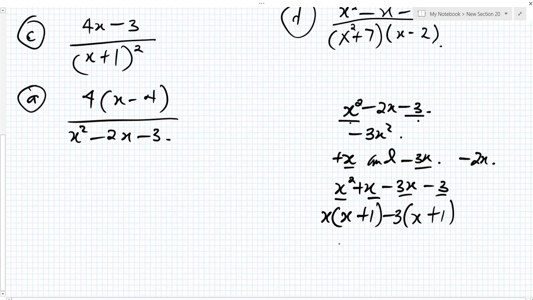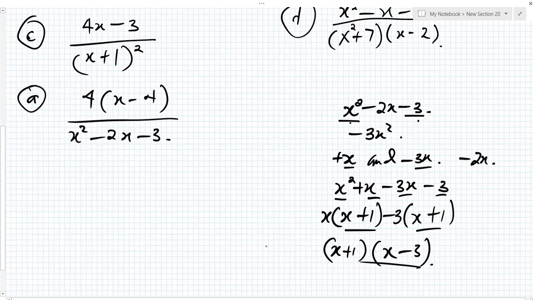So factorizing this, I have x plus 1 common to both terms, so I'll factor it out. If I divide the first term by this x plus 1, I'll have x. Divide the second term by this x plus 1, I'll have minus 3.